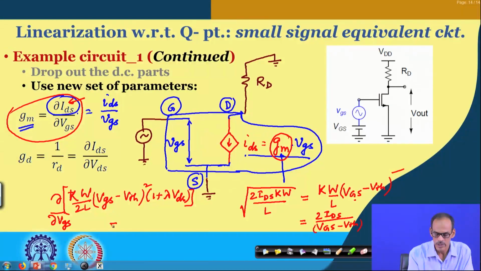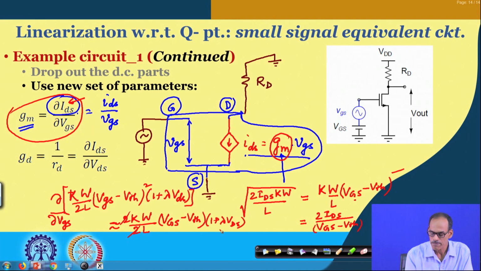So, we can say that this is well approximated by k into W by 2 L times capital VGS minus VTH into 2, this 2 is also coming. So, this 2 and this 2 get cancelled out, the 1 plus lambda VDS part is there, and this part you can take to be 1, and the small VGS part we are taking as capital VGS, and hence we obtain this one.